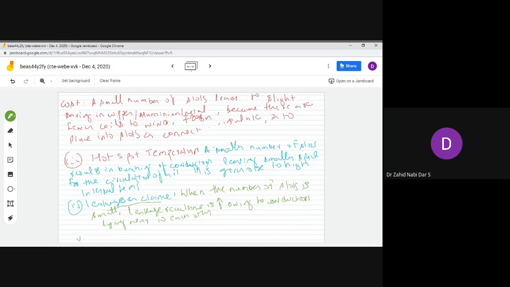Now the fifth point would be the tooth ripples. What are these tooth ripples? The tooth ripples in the field form the consequent pulsation losses in the pole face.